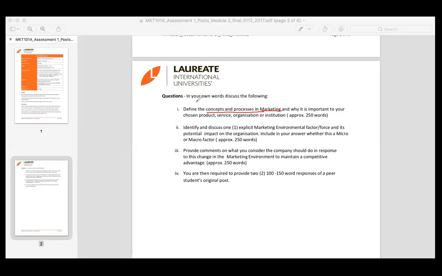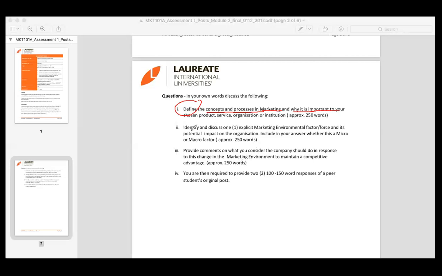Here, the question is a definition, so you need to offer a definition. If you don't offer a definition, then we actually miss the question. So we need to offer a definition of marketing, and you also need to explain why it is important to your chosen product, service, organization or institution. Let's talk about it briefly later on.